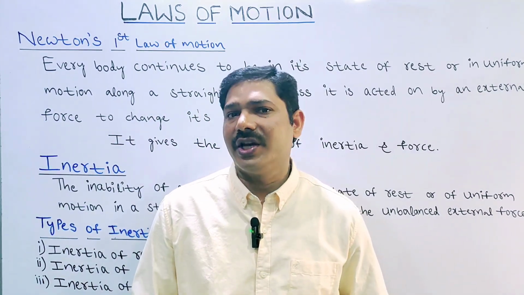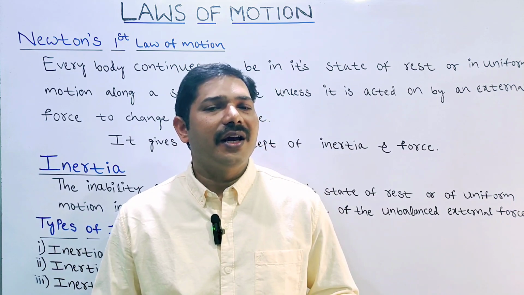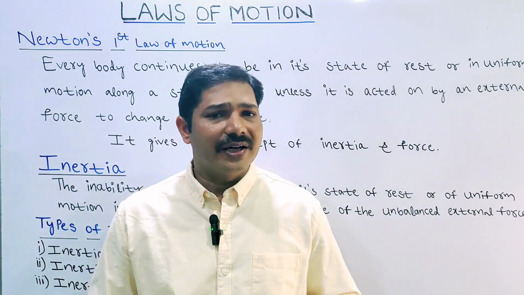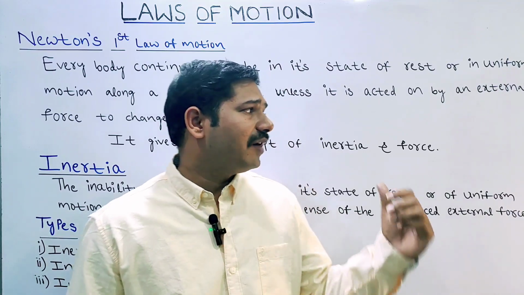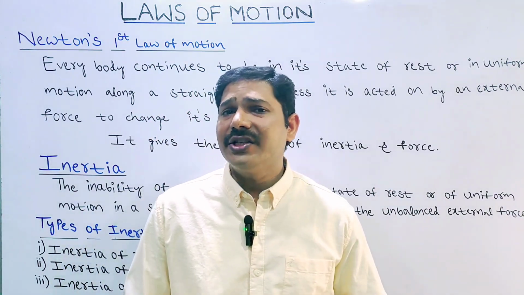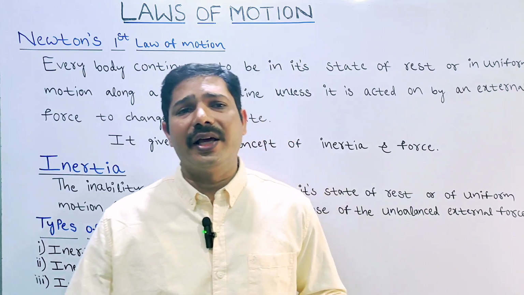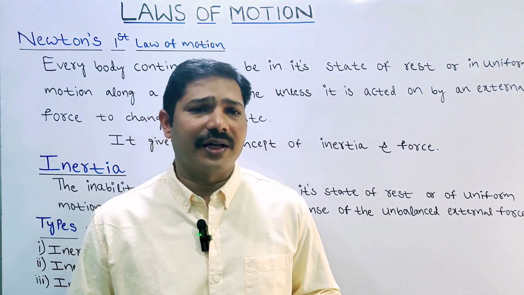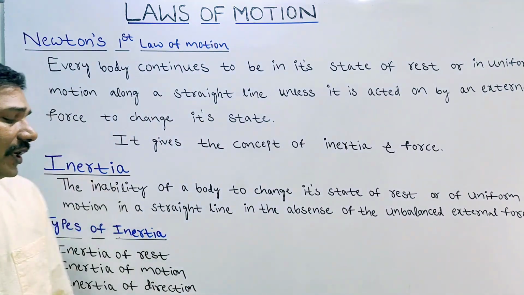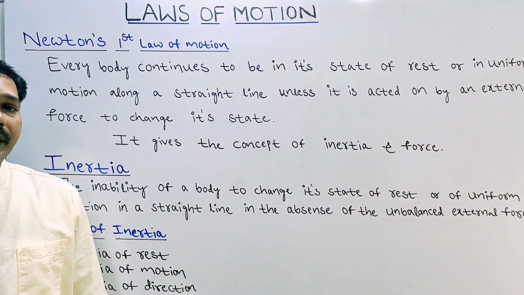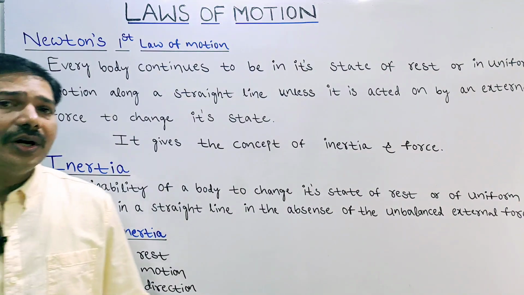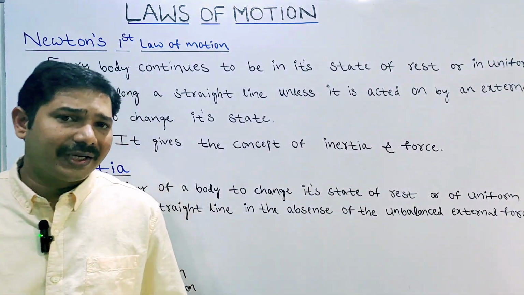What is inertia? Inertia is the inability of a body to change its state: a body at rest stays at rest, and a body in uniform motion stays in uniform motion. Inertia is of three types: inertia of rest, inertia of motion, and inertia of direction. Inertia of rest means a body at rest wants to stay at rest only.